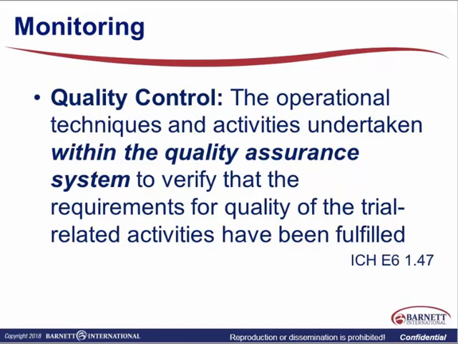So quality control operates within or under the umbrella of quality assurance, because quality assurance is looking at all of these agents and making sure they're doing what it is they are supposed to be doing. We are independent and removed from them, but we're looking to see how well they function together.